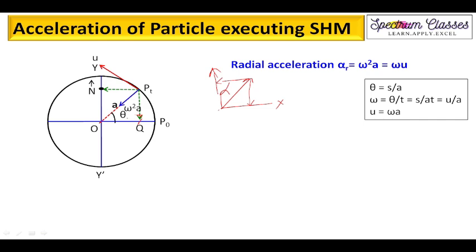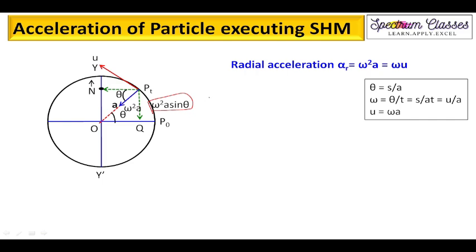So this is the angle theta, and this is my 90-degree angle. Then the value of this perpendicular is alpha sine theta. And what is our alpha r? Alpha r is omega square a. So I have just shown it over here, omega square a sine theta.